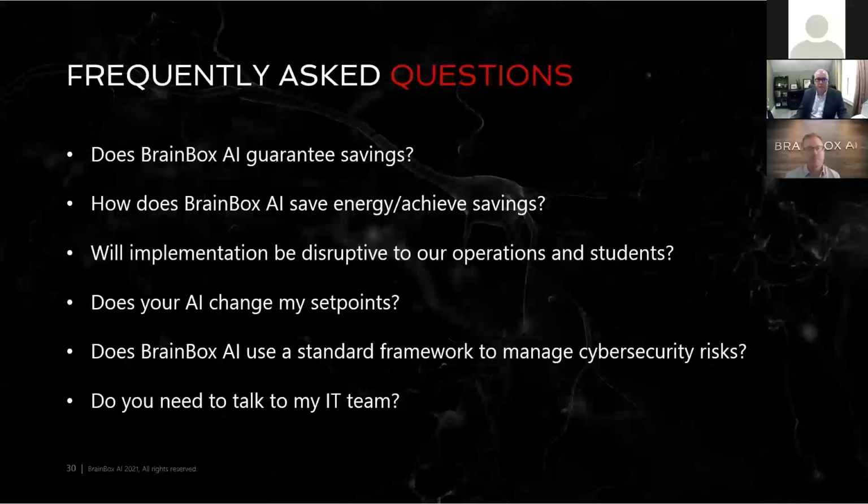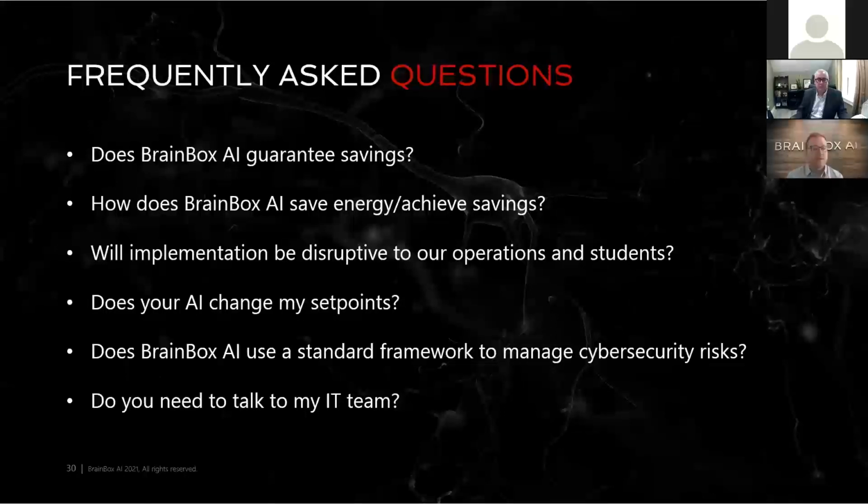Okay. Well, thank you for that. Next question, how does BrainBox AI achieve the energy savings? Yeah, definitely. We are modulating the control system based on the AI's understanding of how the building will react in the future, but also utilizing standard control saving strategies, adding that predictive element to it.